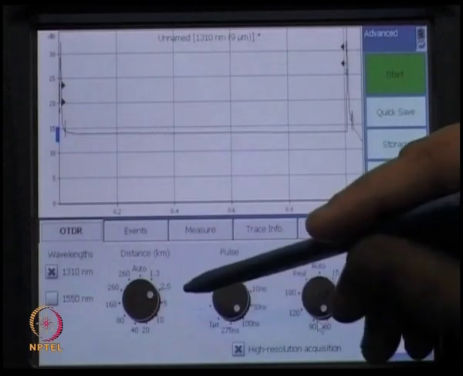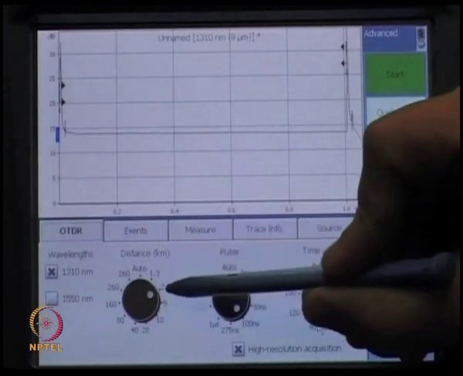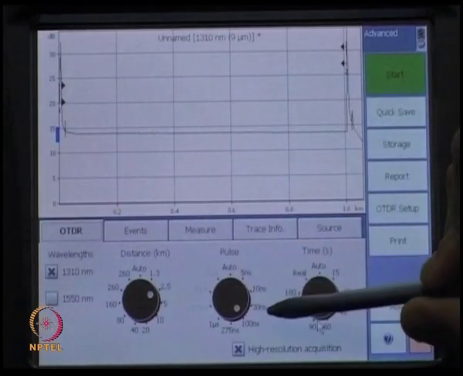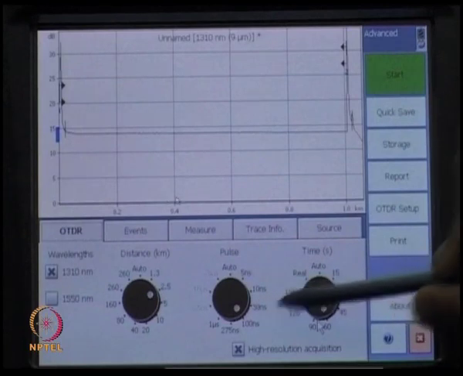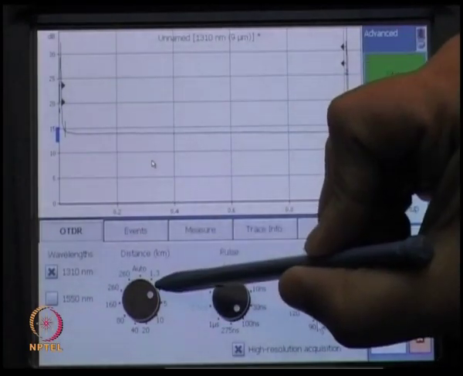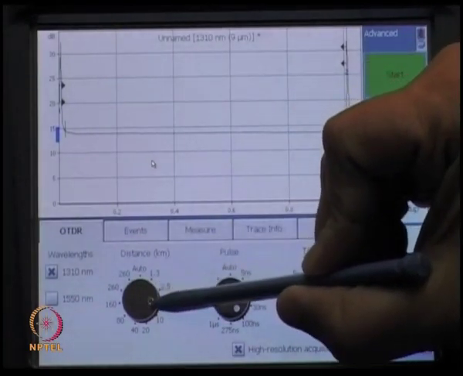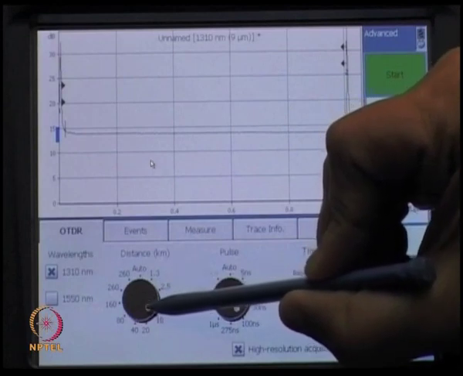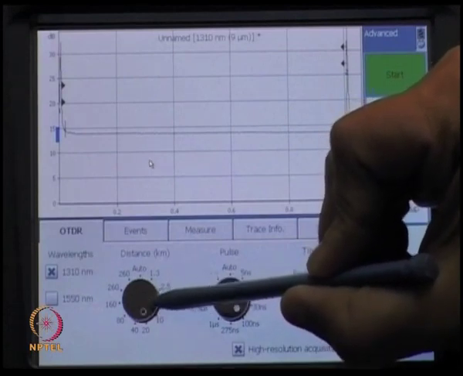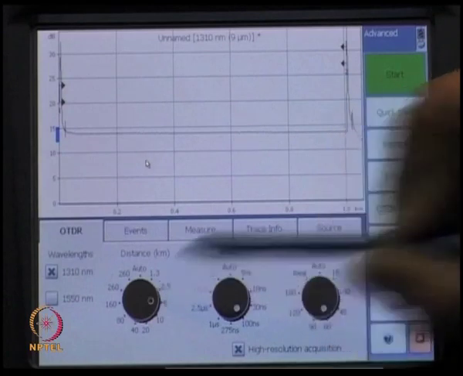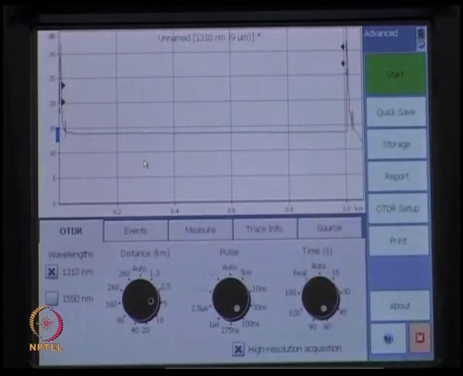Okay. Distance we have to increase now, because there was one spool of fiber which was 4 kilometers, the other one was 2 kilometers.